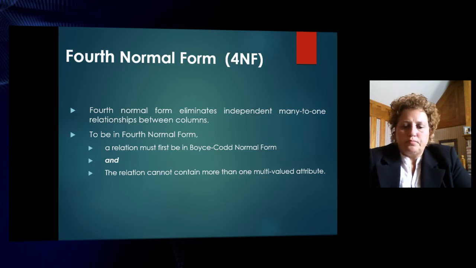Fourth normal form. Fifth normal form follows. It again has to be in fourth normal form, and then to be in fifth normal form, all the tables are broken into as many tables as possible in order to avoid redundancy.